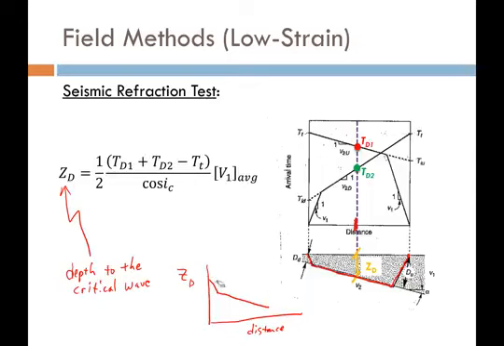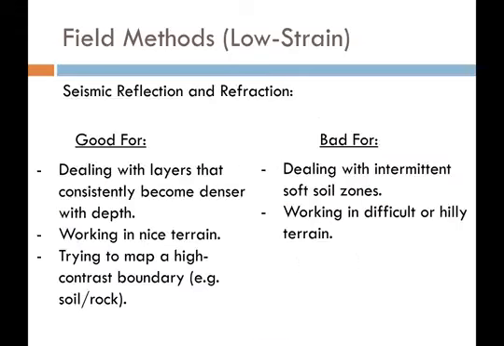But this stuff right here in the middle does represent the boundary between layer 1 and layer 2. So think of it as an ultrasound of the ground beneath our feet. And what's neat is we're doing this without putting a single boring or hole in the ground.